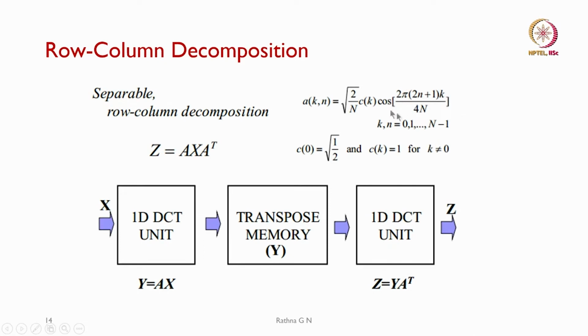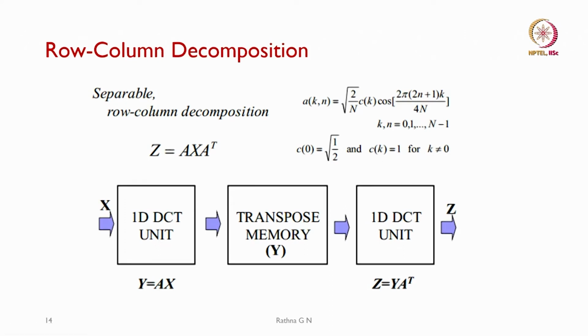So, these are the coefficients, where k and n vary between 0 to n minus 1. We know the first coefficient c of 0 is root 1 by 2, and the other coefficients, for k equal to 1 to n minus 1, are 1. For k not equal to 0, the coefficient c of k is going to be 1.